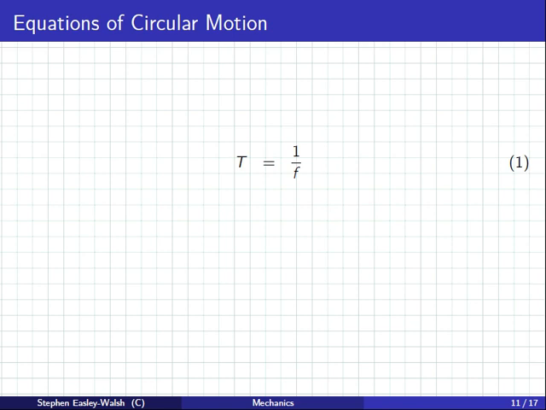Next formula, the angular velocity omega is 2 pi over T. Next formula is speed is omega r. Next one is the acceleration, speed squared over r.